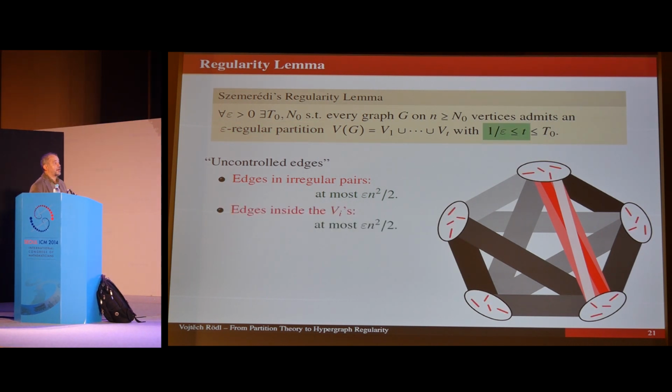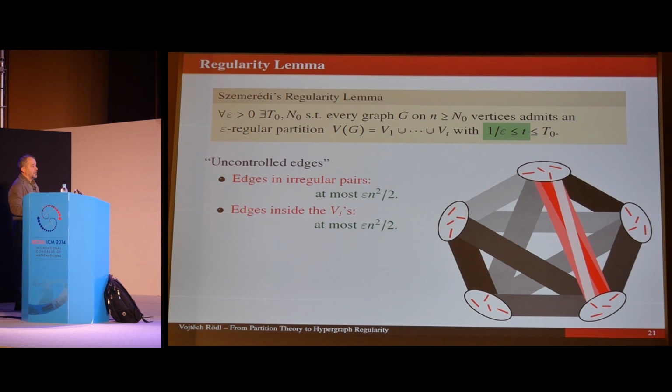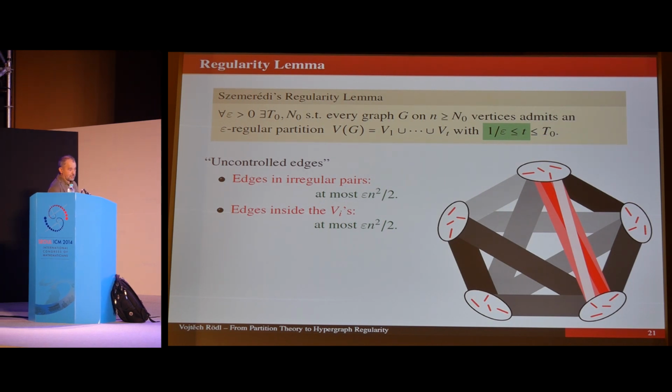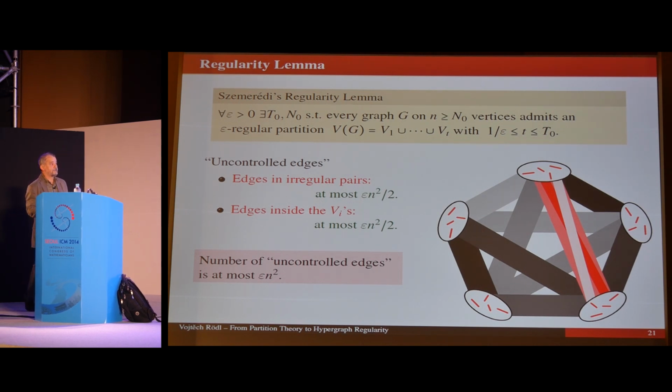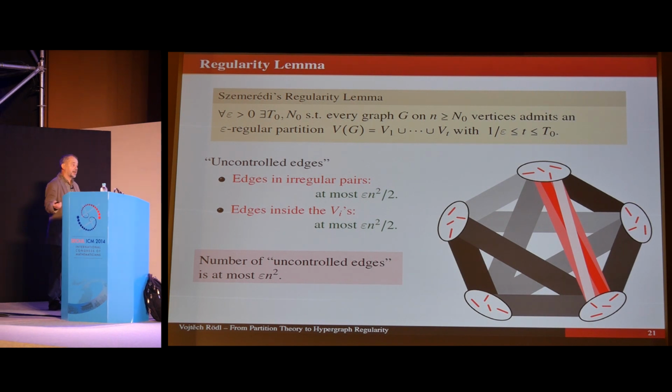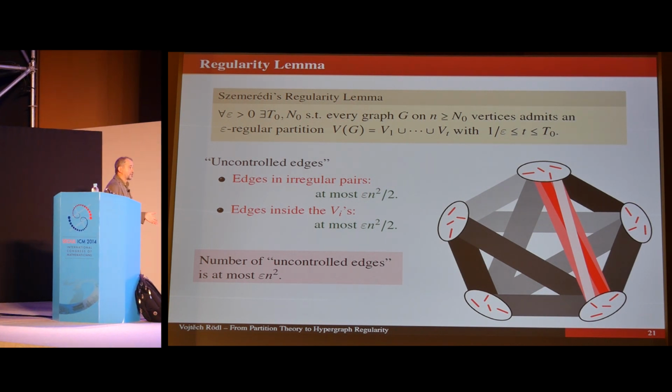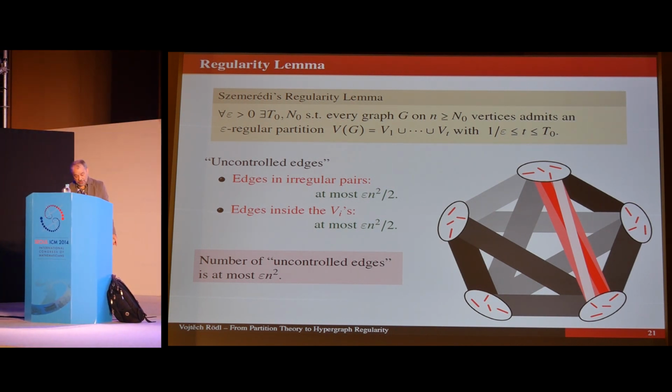Similarly, there are at most epsilon n squared over 2 pairs inside the blobs, because t is sufficiently large and the blobs are of the same size. Therefore, the number of uncontrolled edges is at most epsilon n squared. So if we had an arbitrary graph that was sufficiently large, we could get control over most of its edges.